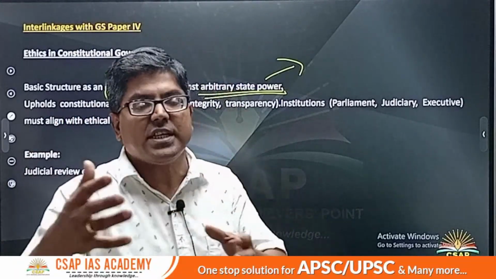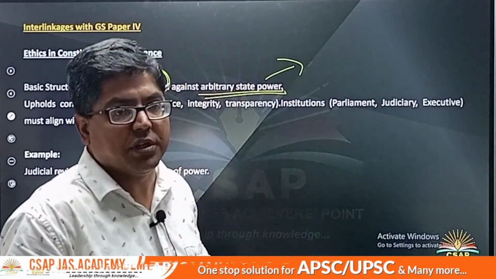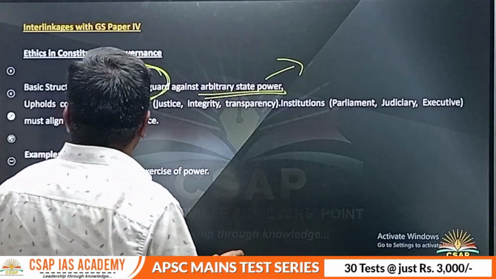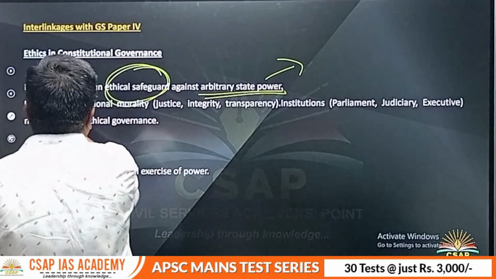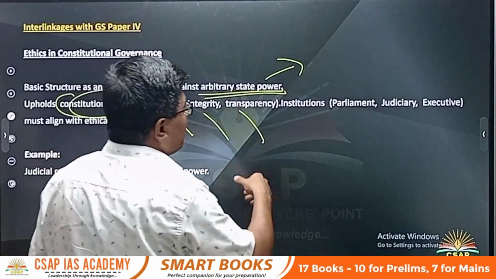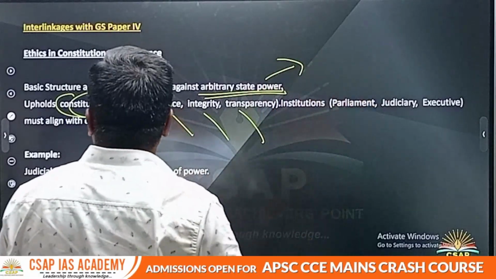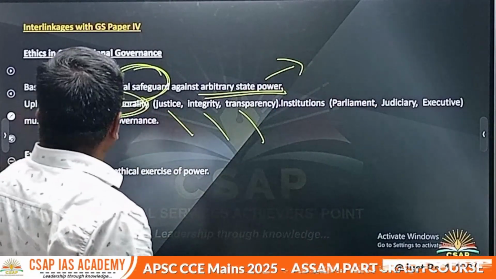So this becomes very important, and in the ethics paper we talk about ethics, and one of the important sources of ethics in bureaucracy and in governance is the constitution. The term that we use is constitutional morality: justice, transparency, integrity, and so on. Now all these institutions, for example Parliament, judiciary, and executive, have to align with ethical governance.